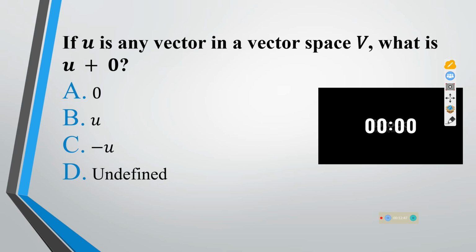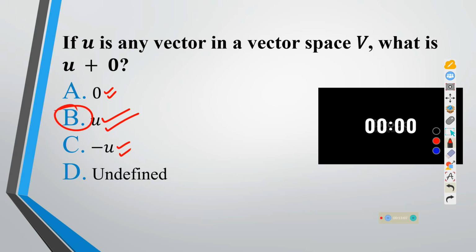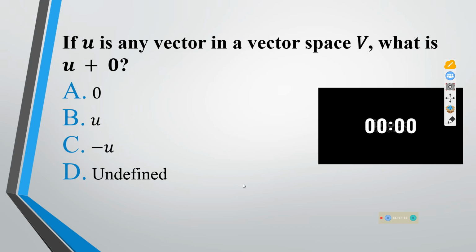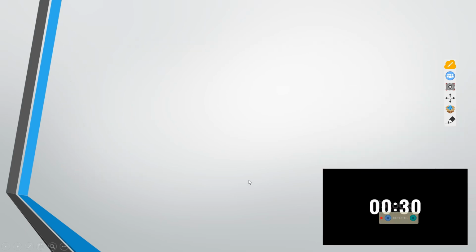So if U is any vector in a vector space V, then U plus a 0 vector will give you U. So the answer will be this. This is an additive inverse of U, and this is a 0 vector. So a vector plus a 0 vector will give us that vector. So the answer will be B. So next we look at the next question.